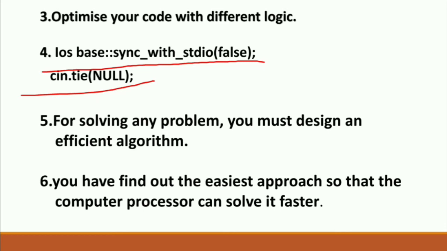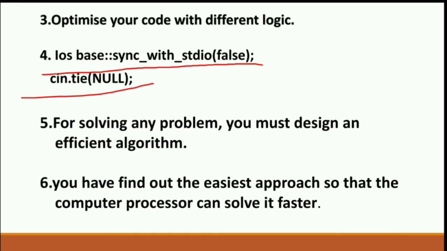The fifth trick is that for solving any problem you must design an efficient algorithm. You have to think about the logic in a different way: how can I solve this problem differently? The sixth trick is to find the easiest approach so that the computer processor can solve it faster.